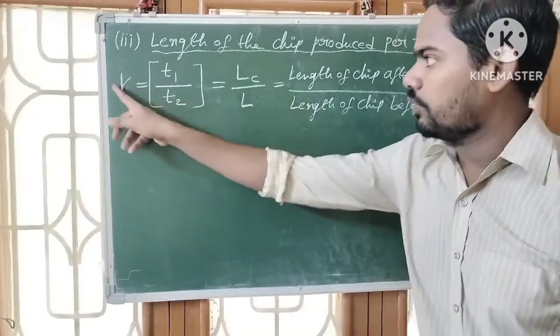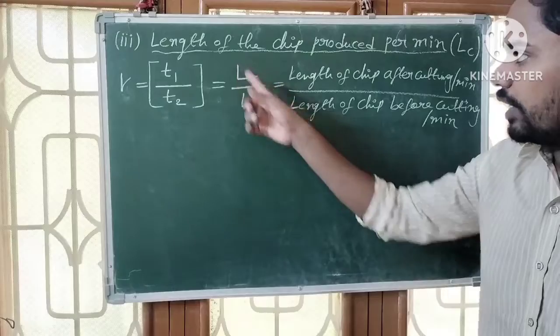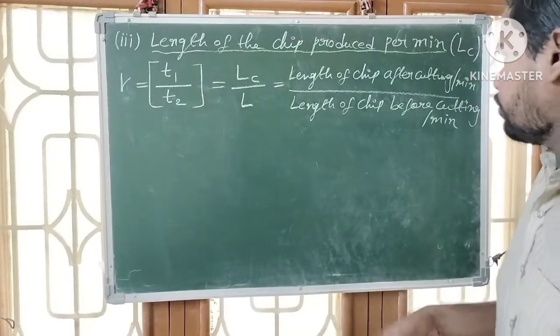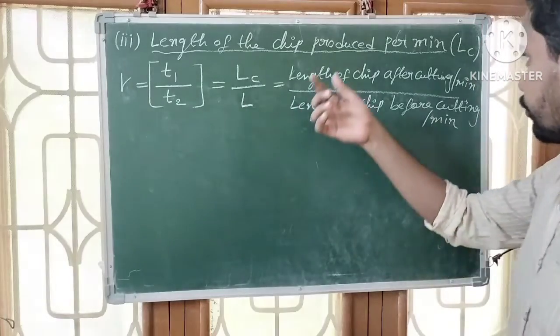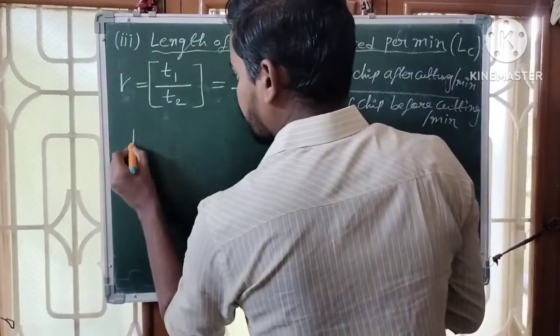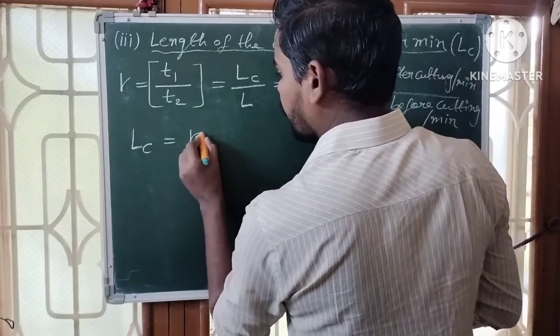So chip thickness ratio is also equal to LC by L. LC means the length of the chip after cutting and L means the length of the chip before cutting. We want LC, so transposing L, LC is equal to R into L.